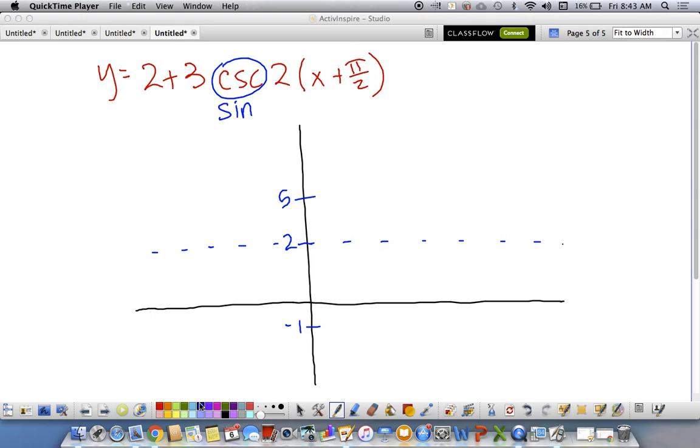Not drawn to scale. Then it started at negative pi over 2, negative pi over 4, to 0, to pi over 4, to pi over 2. And our sine curve started here, went up, went back down to negative.